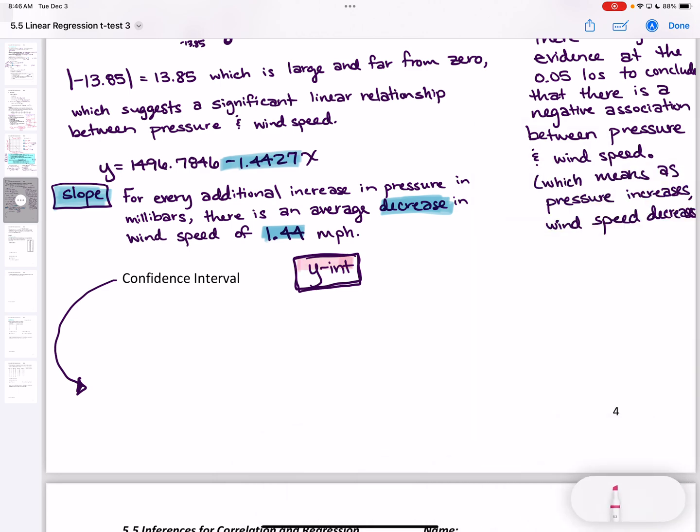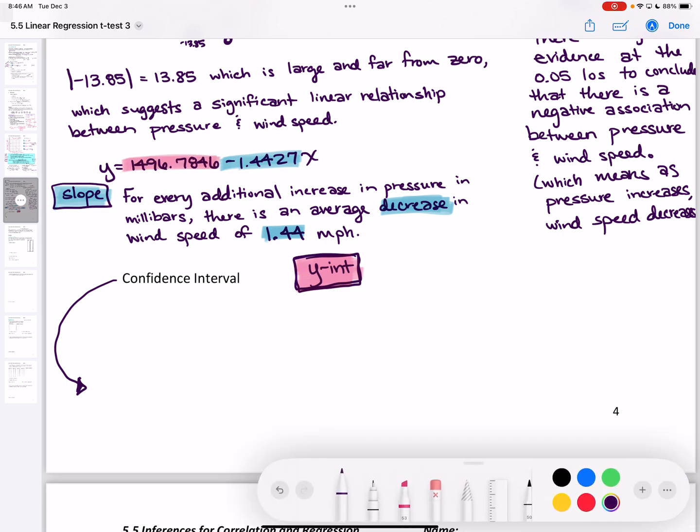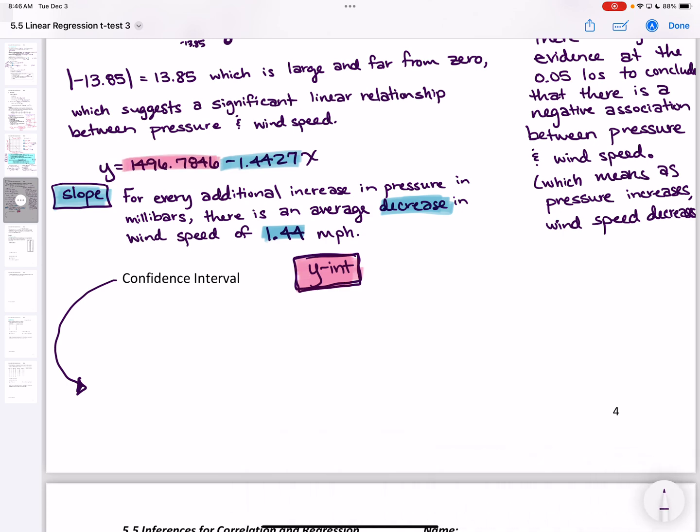All right, here's my y-intercept, everybody. So y-intercept is what? Where it crosses the y-axis, which means your x value is 0.